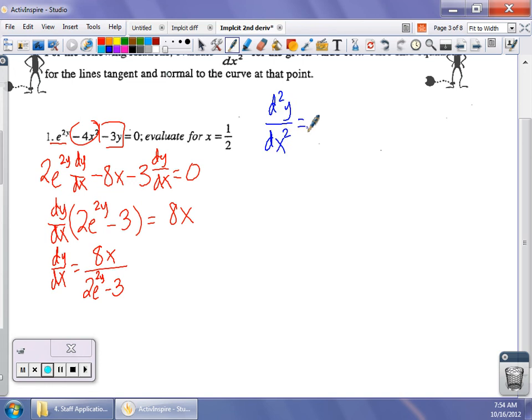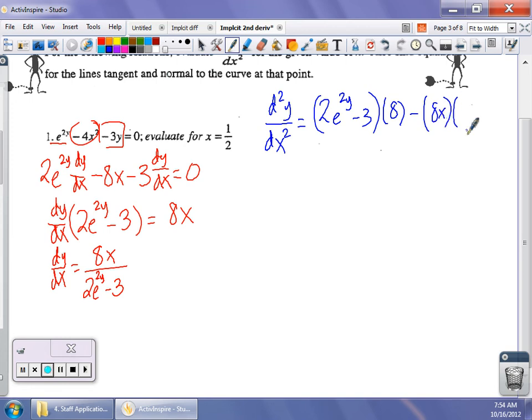I'm going to need the quotient rule here, so I will have down, so I have 2e^(2y) minus 3. D up, the derivative of 8x is 8, minus up, 8x.